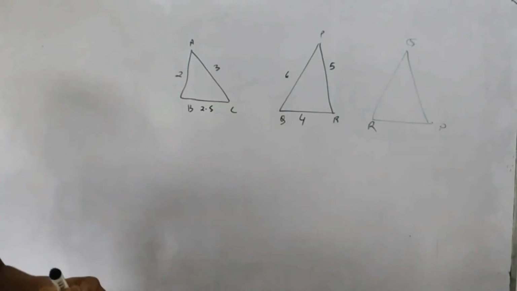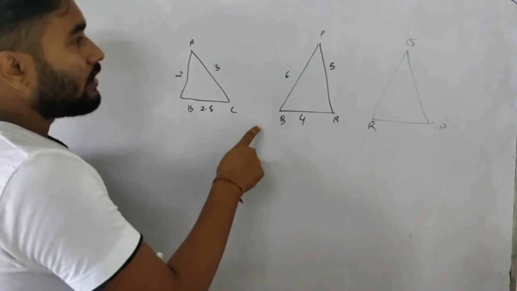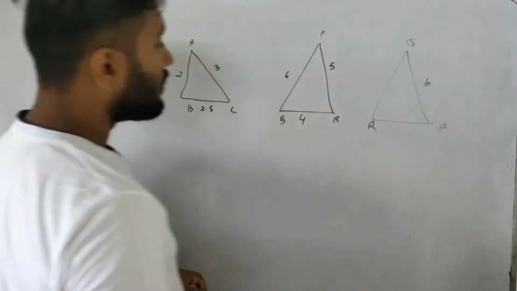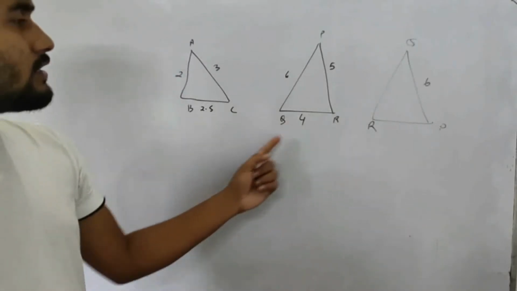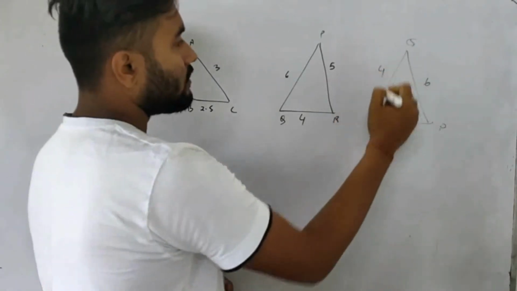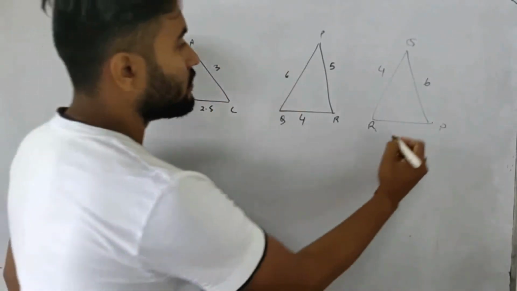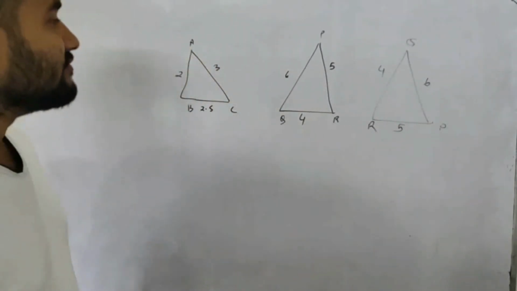Understood? So you name the sides now. Sorry, here keep the value. PQ is 6. Then QR is 4. And then the last, PR is 5. So done.